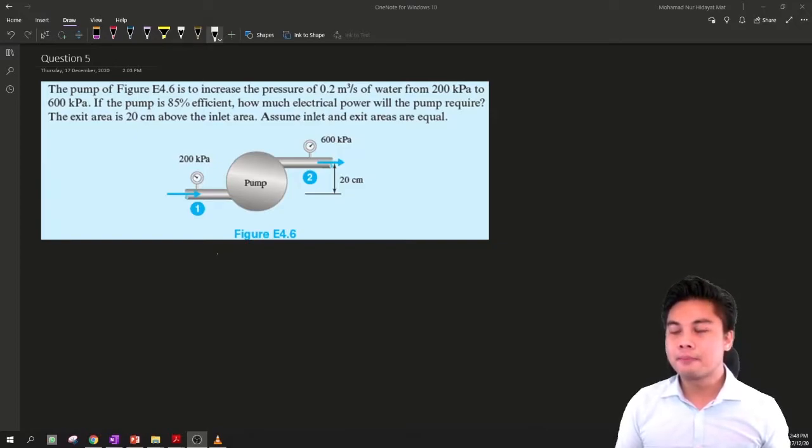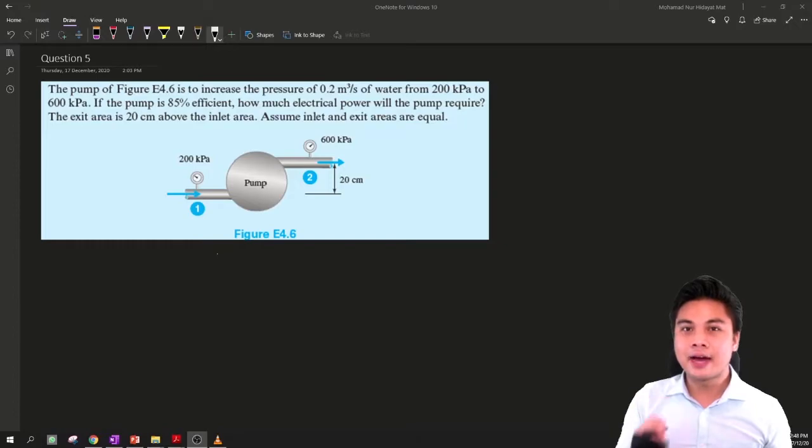If the pump is 85% efficiency, how much electrical power will the pump require? The exit area here is 20 centimeter above the inlet area. Assume inlet and exit area are equal.